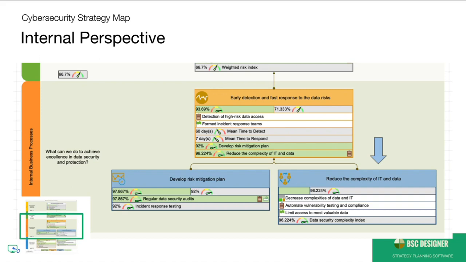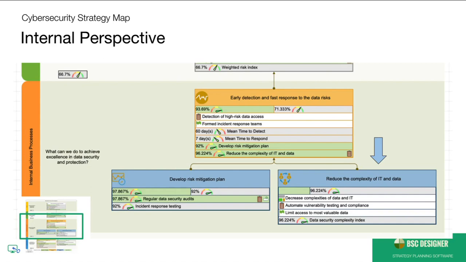What about the goal reduce the complexity of IT and data? There are several factors that impact data breach cost: IT infrastructure complexity, data complexity, and automation. On the strategy map, we formulated these factors within this goal.